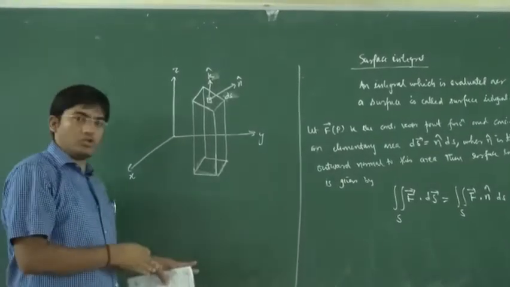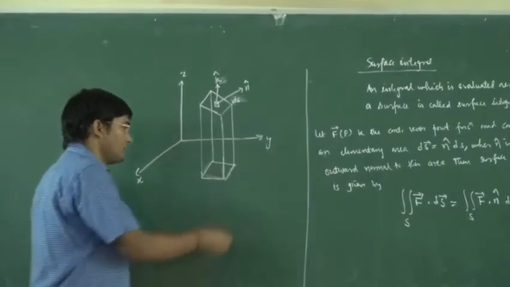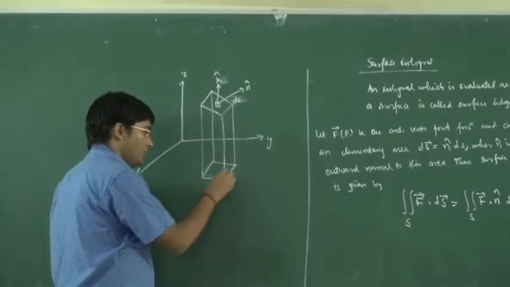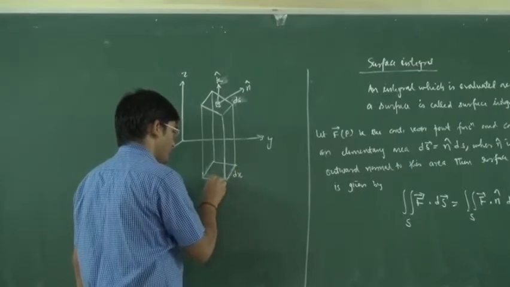Now the orthogonal projection of this elementary area ds is your plane r. This will be your dx, and this is your dy.